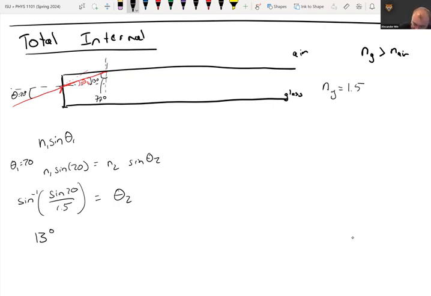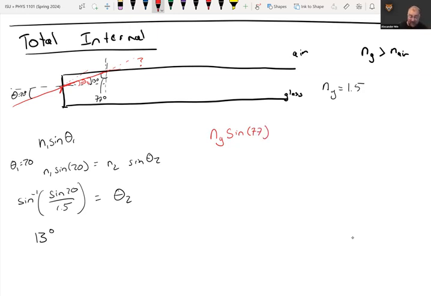What will happen when the light exits? If I were to try and draw that, I'd have to do something like this in order to make it work. Sorry, that wasn't the normal line. This would be the continuation of the path line. So the question is, what happens there? What is the angle? What we can do is say, n of glass sine of 77.